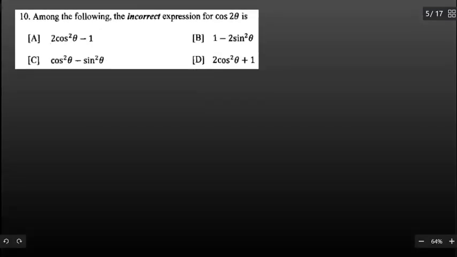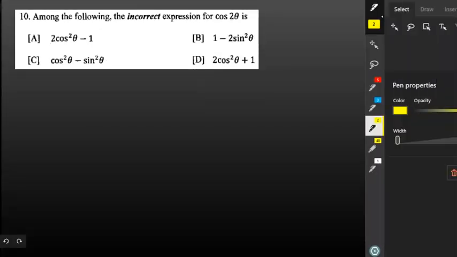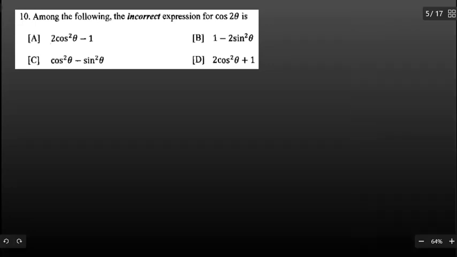Now looking at the next question: amongst the following, the incorrect option for cos 2 theta is. So now let's see what values of cos 2 theta are possible. Even if you don't remember the formula, we can just expand it.